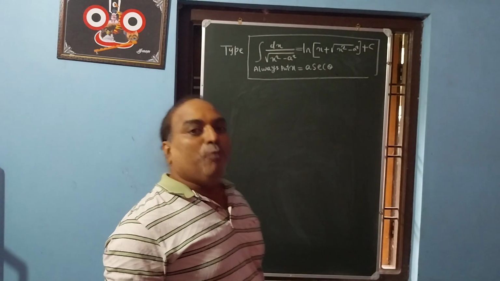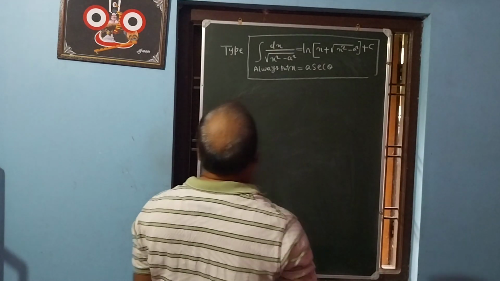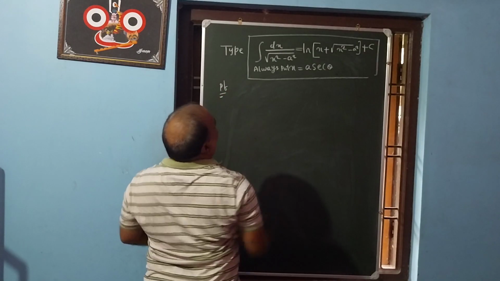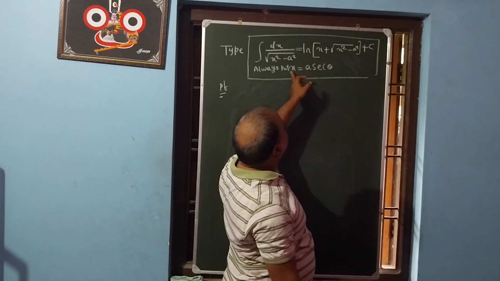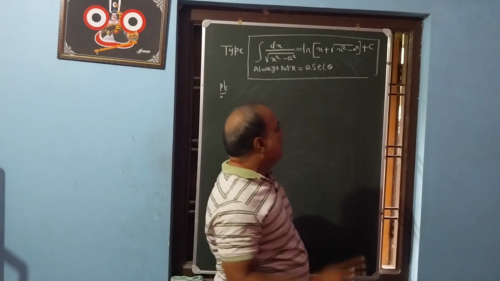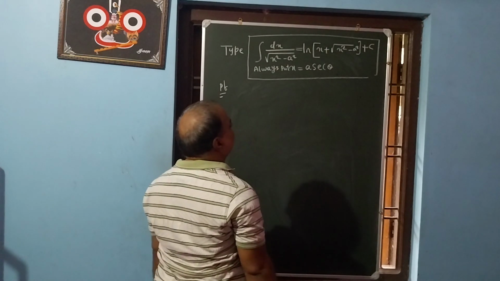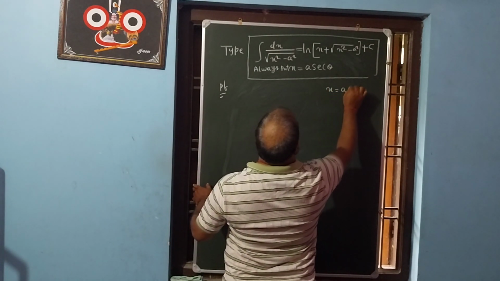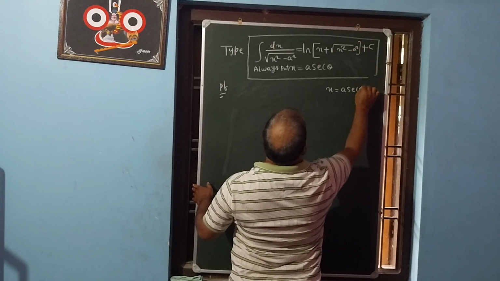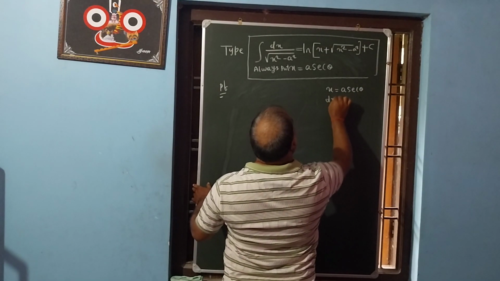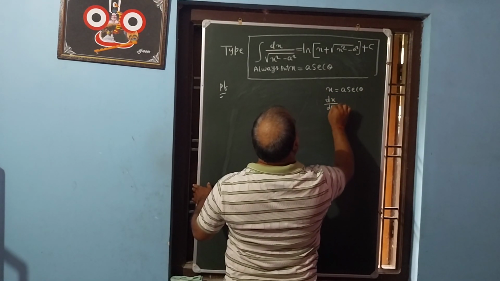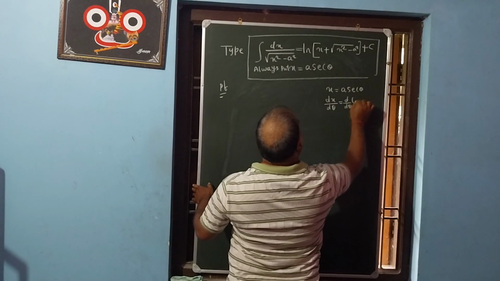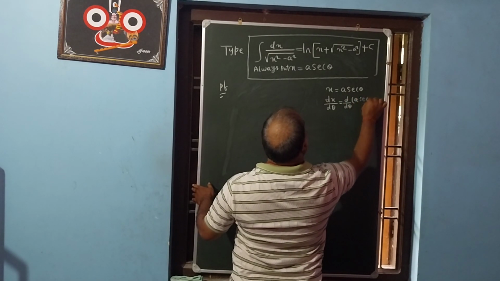Now, how can you prove it? Write down the proof. Once you put x is equal to a sec theta, differentiating on both sides with respect to theta, dx by d theta is equal to d by d theta of a sec theta.